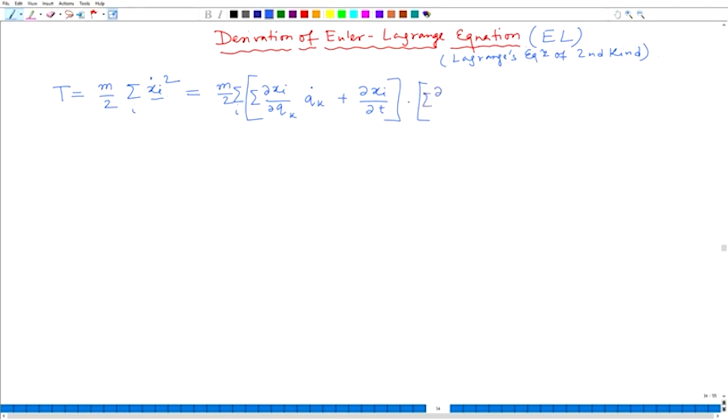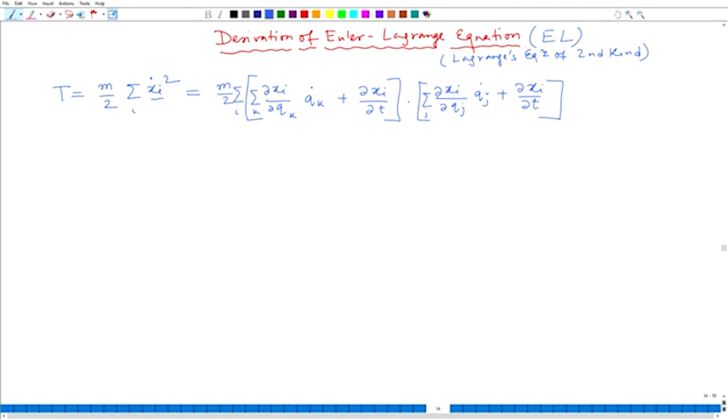Here it is k, and here you can write j: summation over j of del xi del qj times qj dot, plus del xi del t. You can write that.